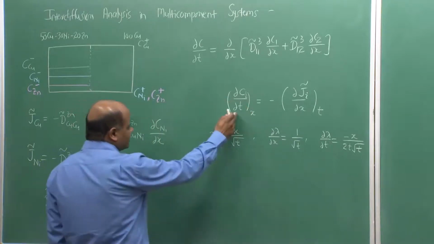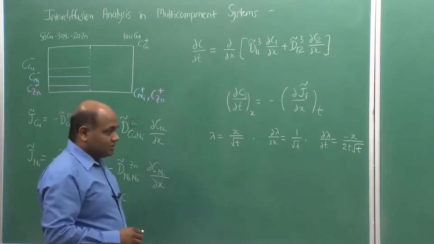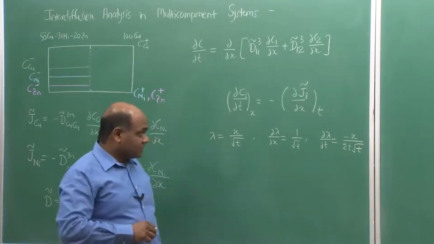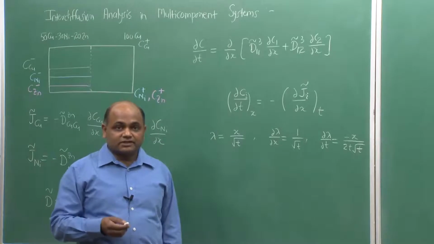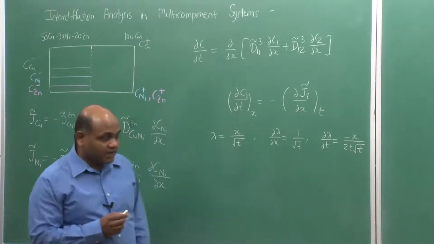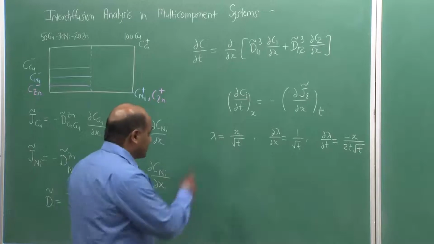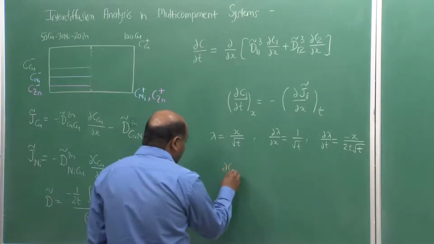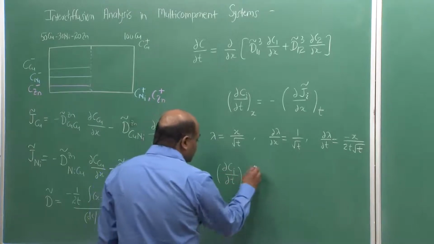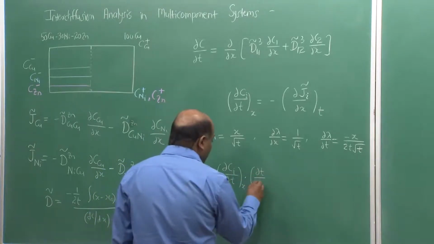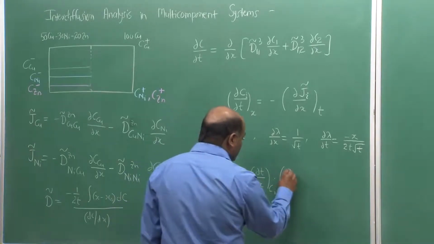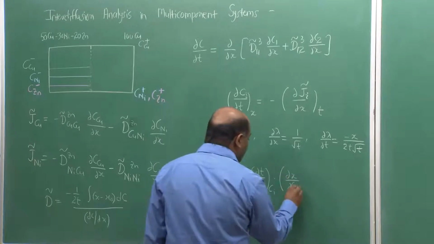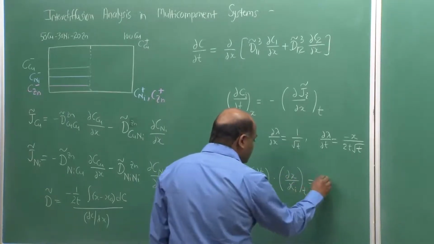If we look at the left hand side, in the thermodynamics refresher, we had seen the upstairs, downstairs, inside out formula for the partial derivatives, which we can apply here. So, we can write with that formula dou C I by dou T at x times dou T by dou x at constant C I times dou x by dou C I at T should be equal to minus 1.